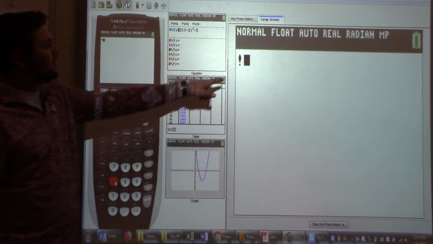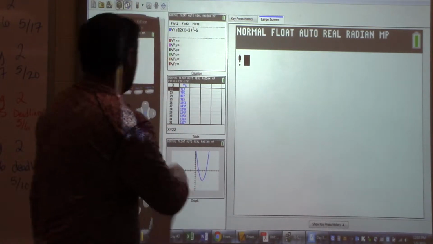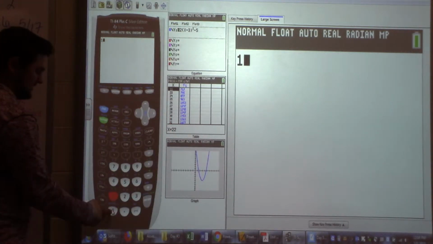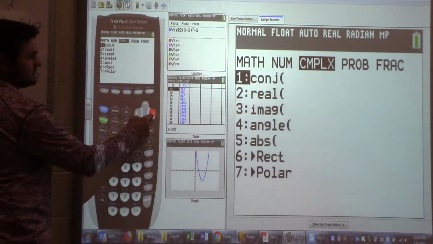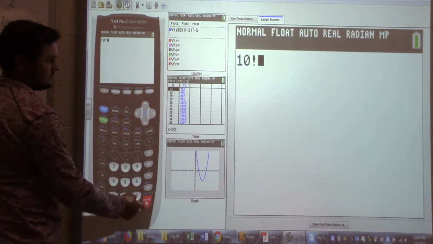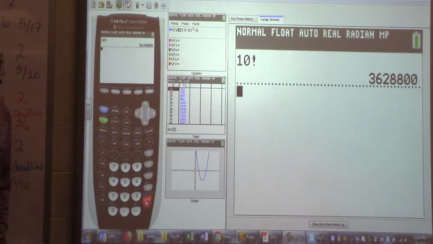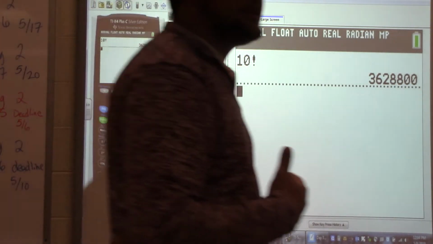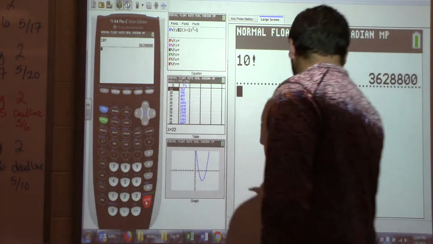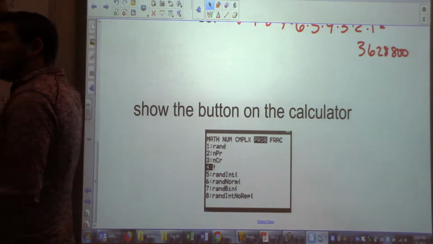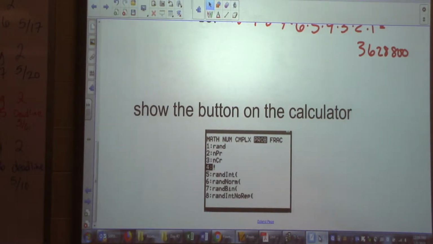So if you hit it, it'll pop an exclamation point out there. So if I want to do, let's say, 10 factorial, 3,628,800. So there's a button on your calculator. You don't need to do it by hand all the time. Did everyone find the button on their calculator? Yes. Okay.